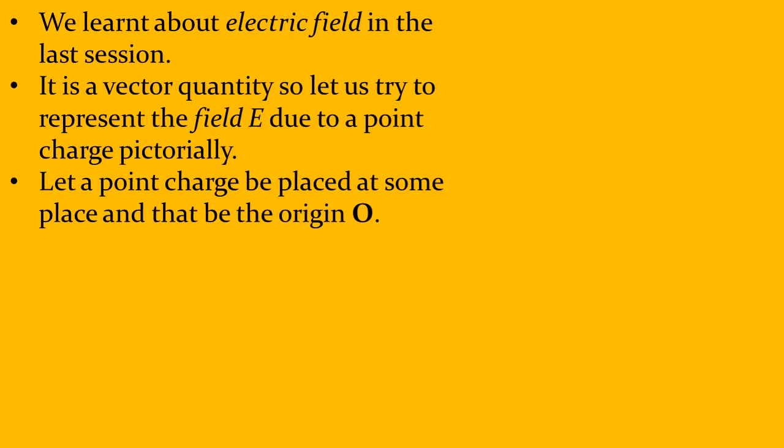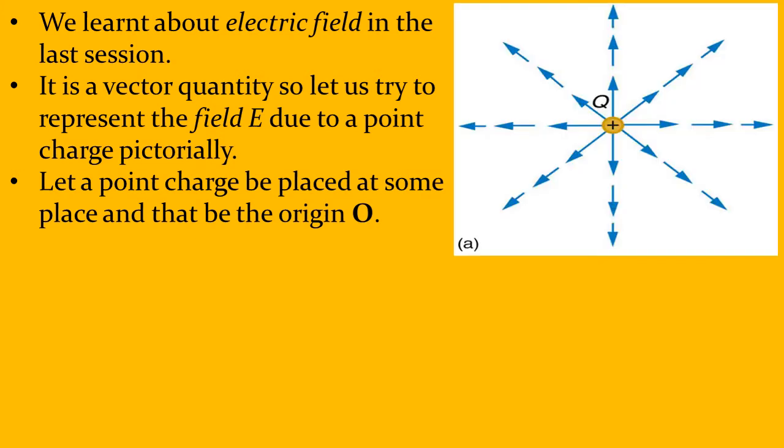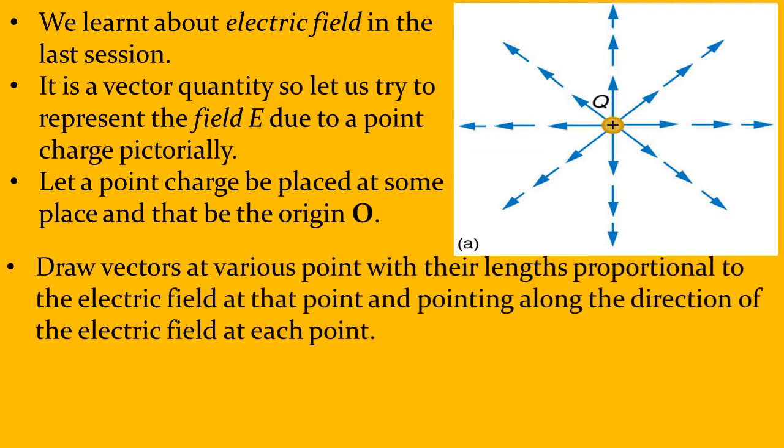Let there be a point charge placed at some place, and let us call that place the origin O. I have here the point charge and I call this the origin. Draw vectors at various points with their lengths proportional to the electric field at that point and pointing along the direction of the electric field at that point.